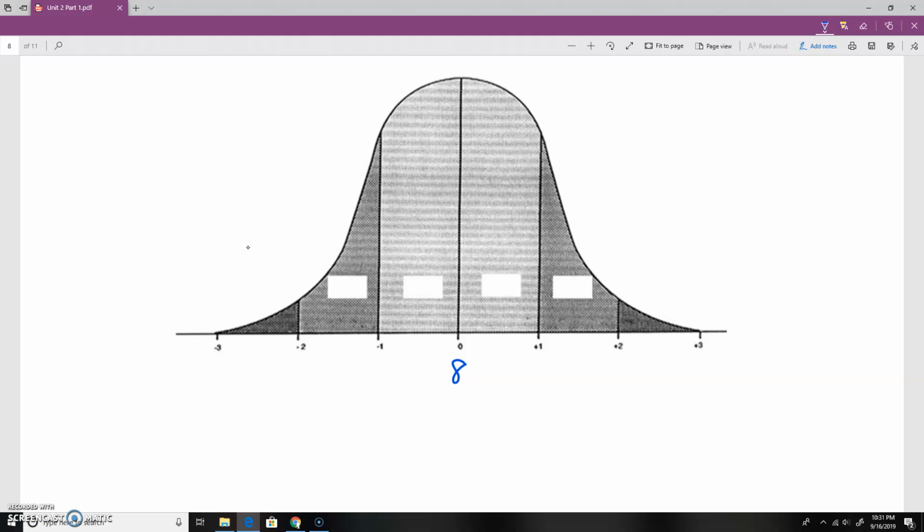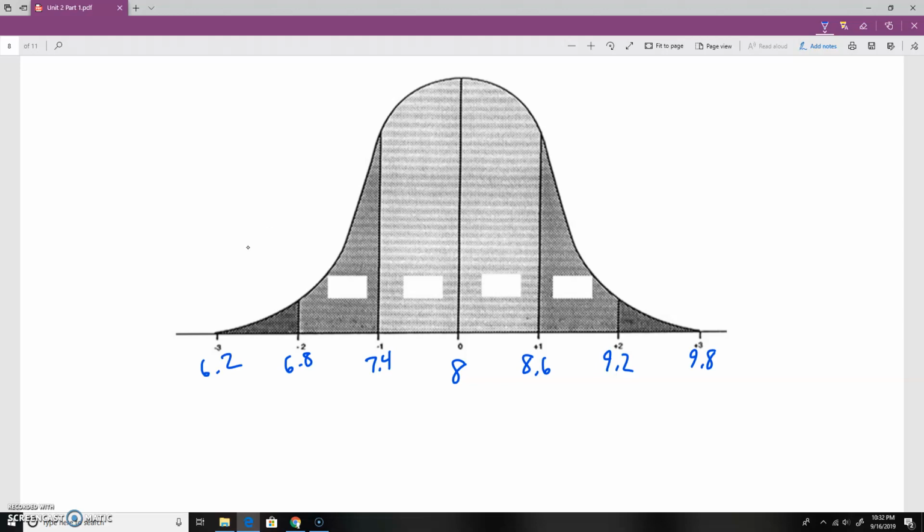So I'm going to add 0.6, add 0.6 again, and then add 0.6 again. To go the opposite direction, I'm going to do 8 minus 0.6 gives me 7.4. And 7.4 minus 0.6 is 6.8. And then subtract 0.6 again and get 6.2.